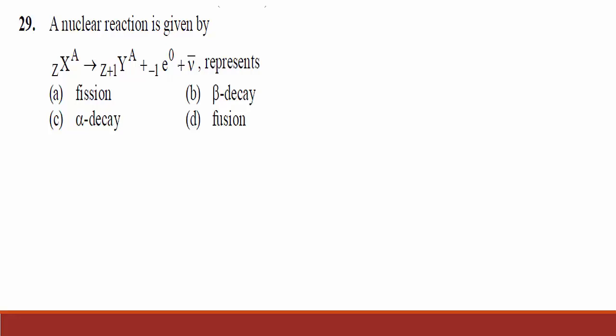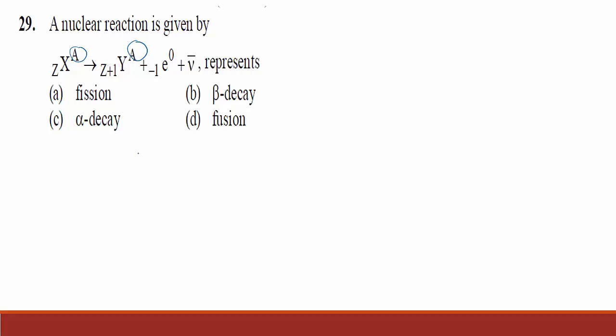You can observe here, there is no change in the mass number. Mass numbers are same after reaction. There is no change in the mass number. And the second point, atomic number is increased by 1. Here it is Z. After reaction it becomes Z plus 1. So when mass number is the same and atomic number is increased by 1, then easily we can say that this is beta decay.